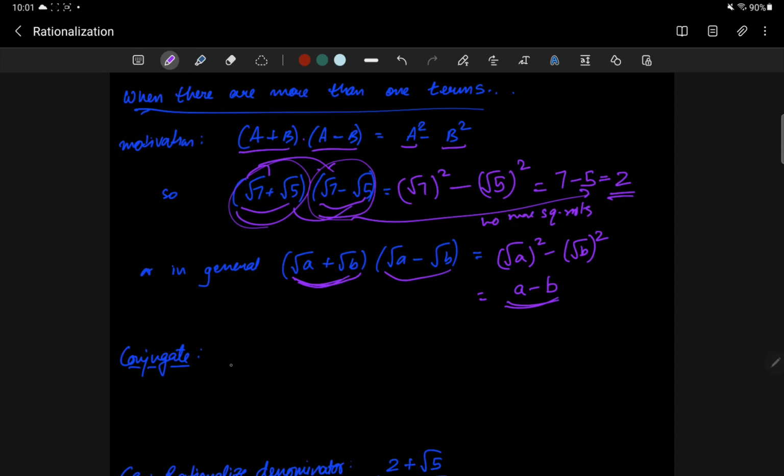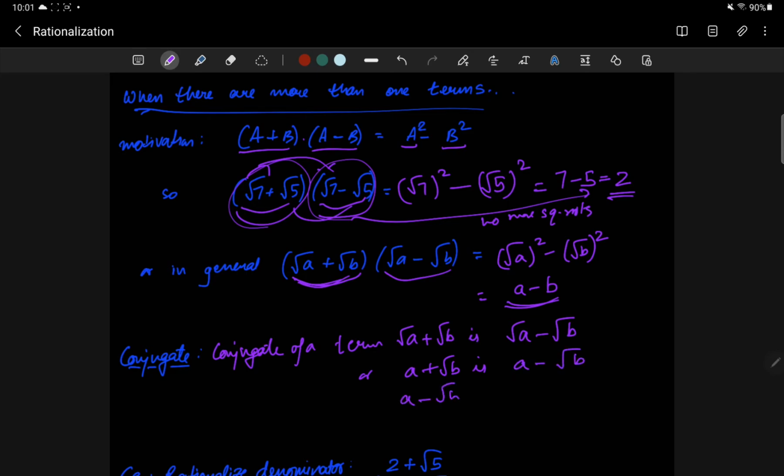So how we define conjugate is, we say the conjugate of a term root a plus root b is root a minus root b. Or if you have a plus root b, then it's a minus root b. If you have a minus root b, it's a plus root b.